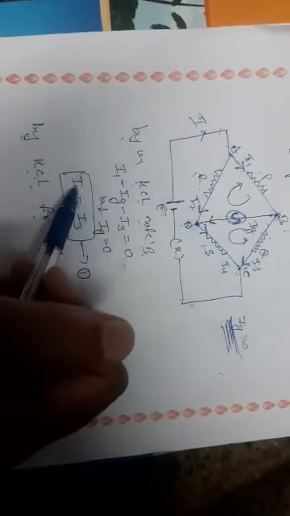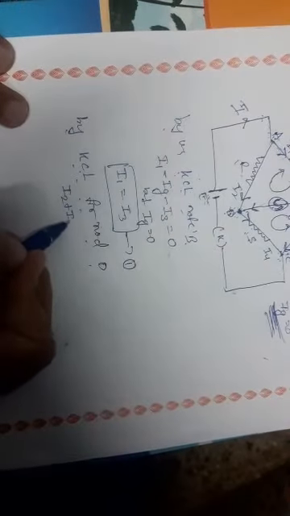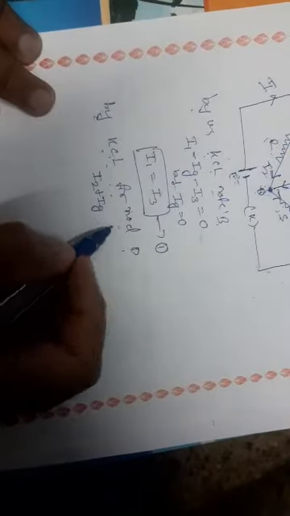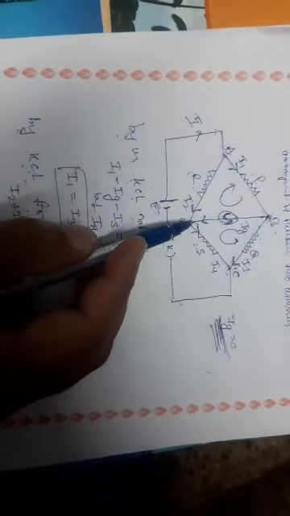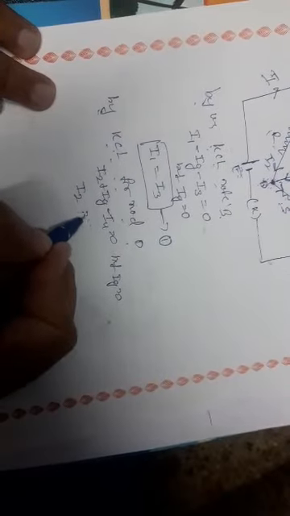Writing the formula, the current I2 is a converging current, Ig is a plus, which means it is also a converging current, and I4 is in the outward direction, minus I4, equal to 0. But Ig is equal to 0, which means I2 is equal to I4. That is called equation number 2.